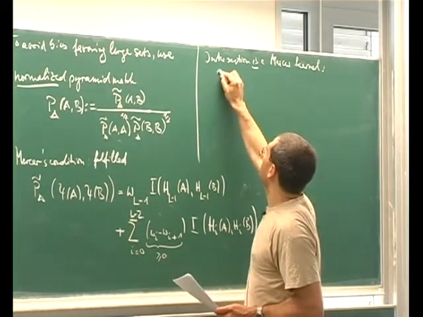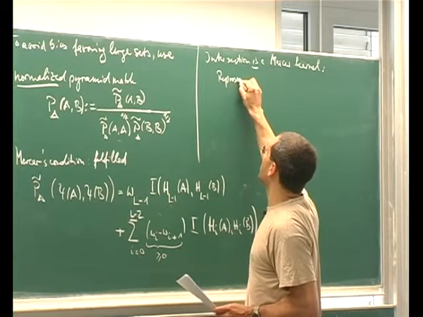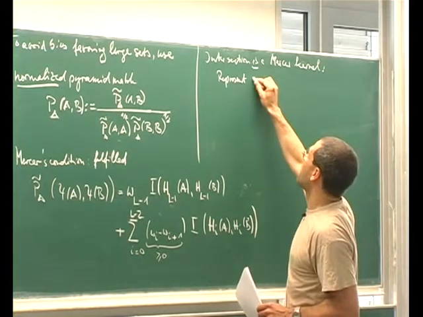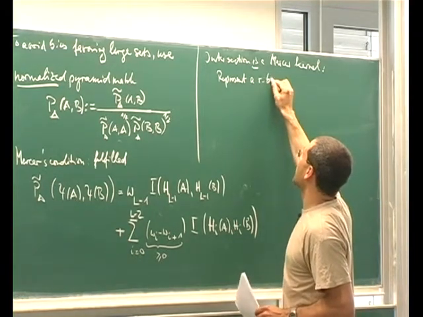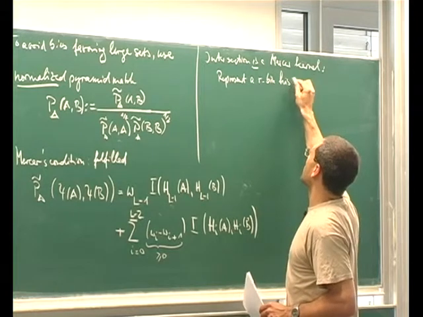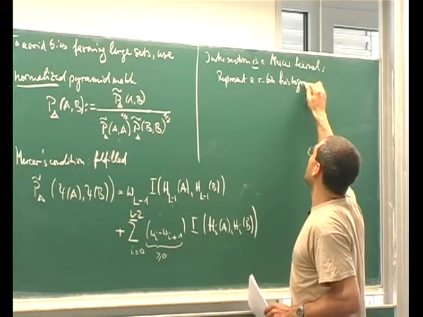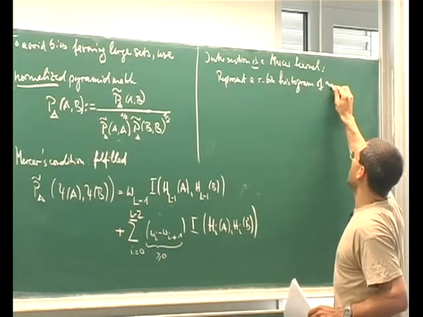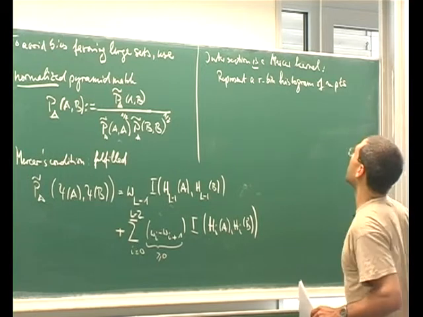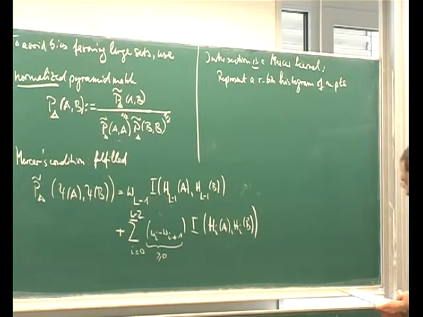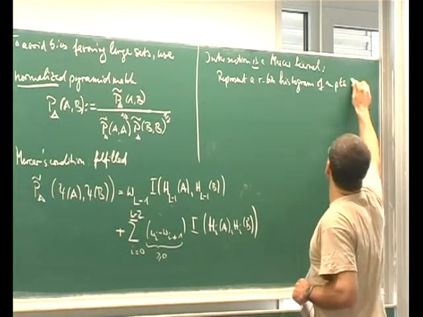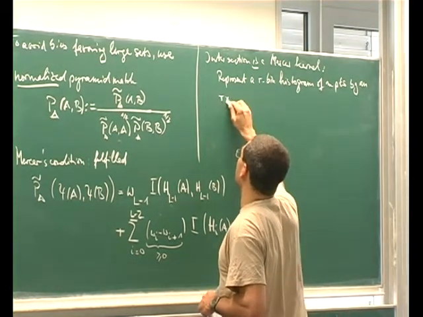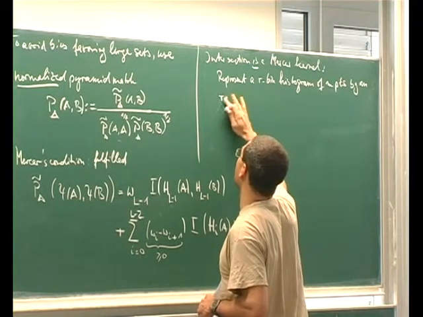And we can represent an R-bin histogram, so a histogram with R bins in which a total of m points reside, by a binary vector of dimensions r by m.